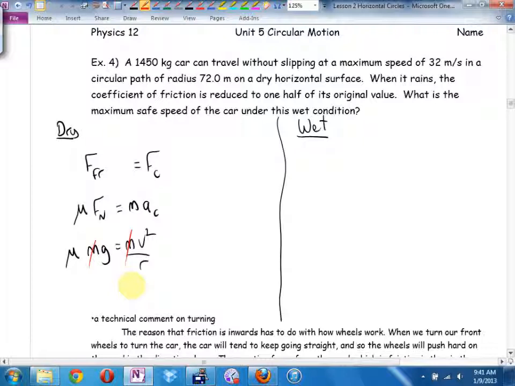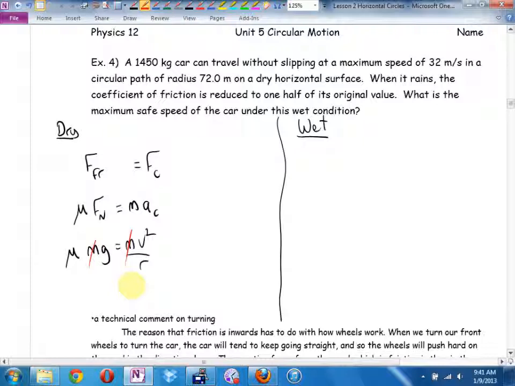What do I need to find here in order to do the wet section? Yeah, you know what? I'm going to find what the coefficient of friction is in this equation, when the pavement is dry. And then for when it's wet, I'll divide that coefficient by 2 and use that to see how fast I can travel safely.